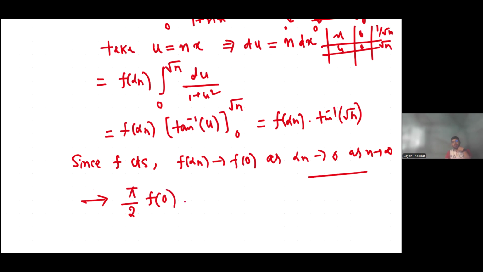Okay, so the first integral we have computed as n tends to infinity: the first integral I1 goes to pi by 2 f of 0.